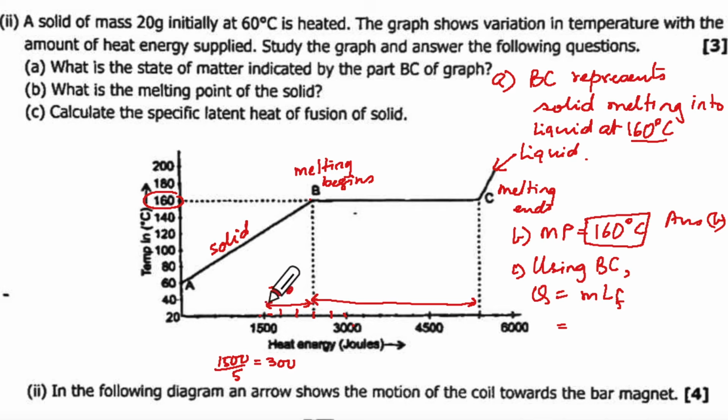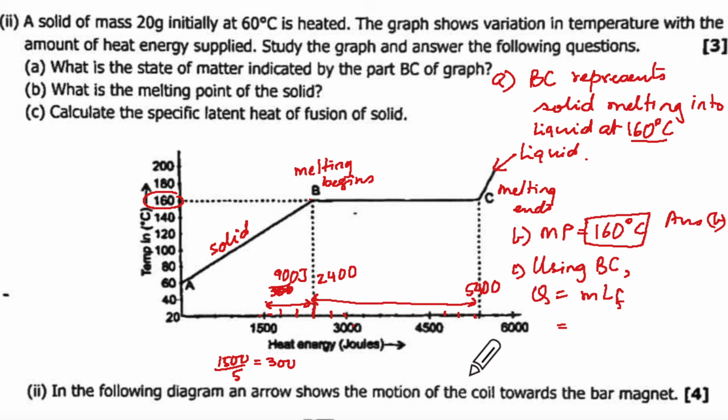From here to here is 3 3s, 900. Correct? So this point over here is 2400. And this will be again 1, 2, 3, no? So 4500 plus 900, so 5400.